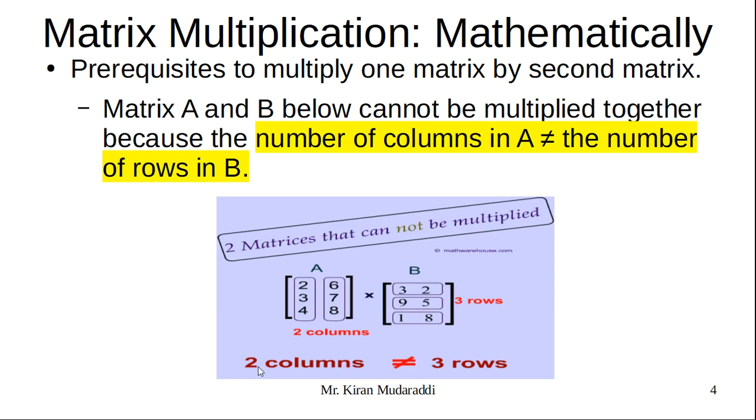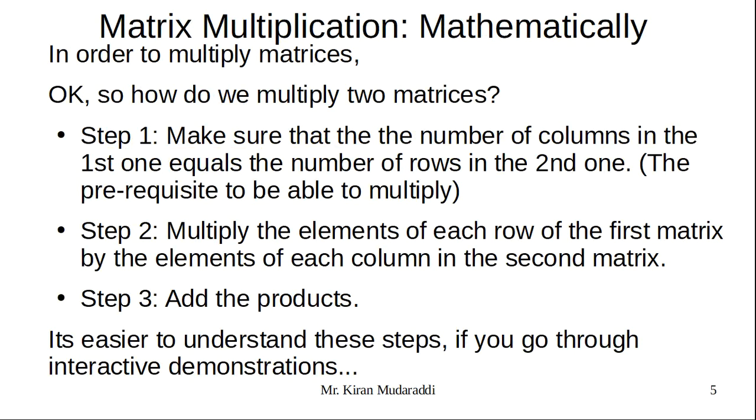So 2 is the number of columns of the first matrix and 3 is the number of rows of the second matrix. So 2 is not equal to 3. At this point, we can say that matrix multiplication is not possible. When it is possible, they should be equal: N should be equal to P. I'll take you to an example so that you come to understand.